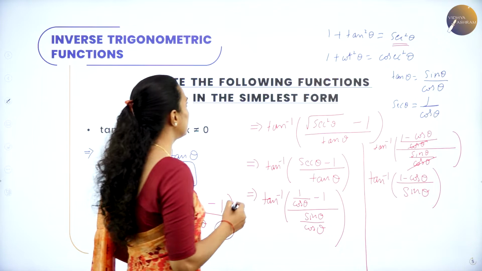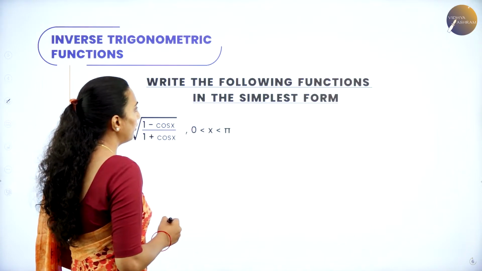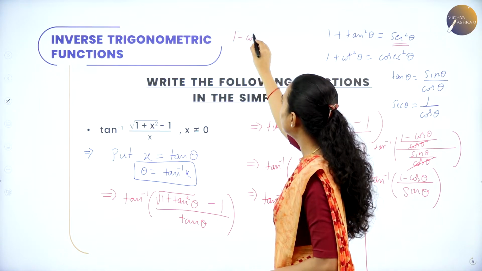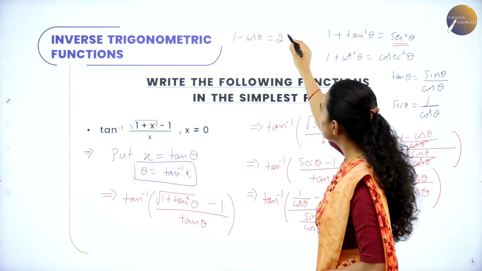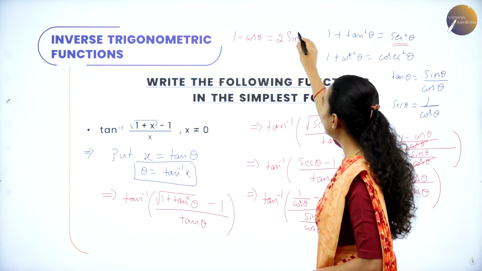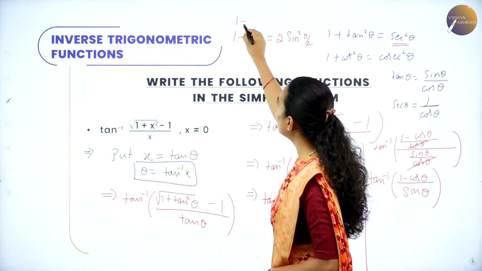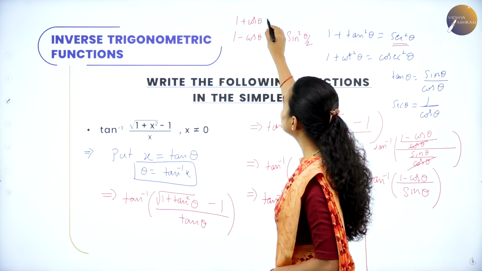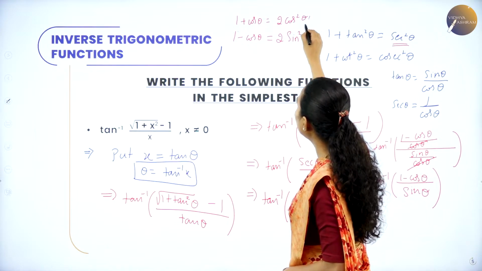Remember dear student, this is very important. You are going to have 1 minus cos theta is nothing but 2 sin squared theta by 2. Okay, this you have to remember. Similarly, 1 plus cos theta is nothing but 2 cos squared theta by 2.